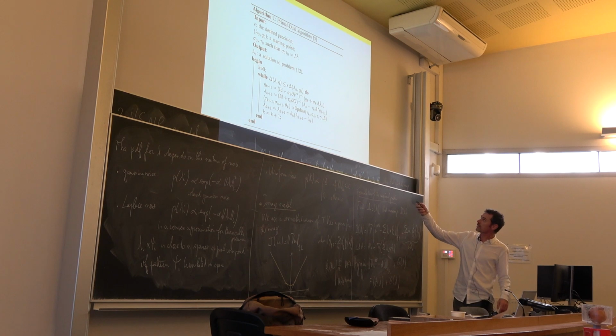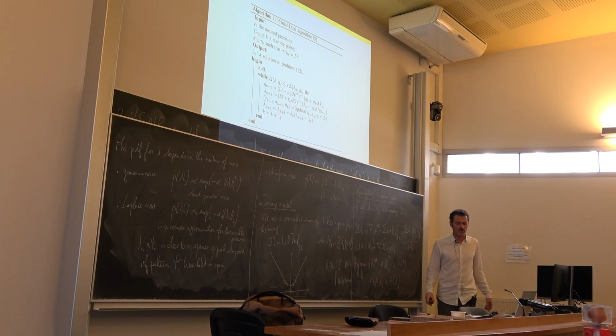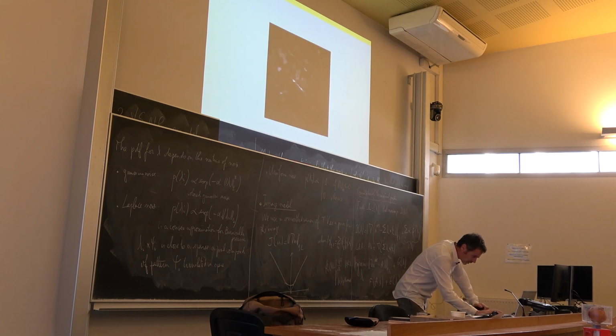This is an algorithm that was proposed by Chambolle and Pock around 2010. So we use the best algorithm available on the market to solve this large-scale problem. And I'll show you now some results.